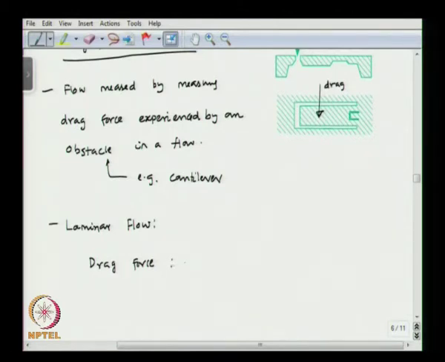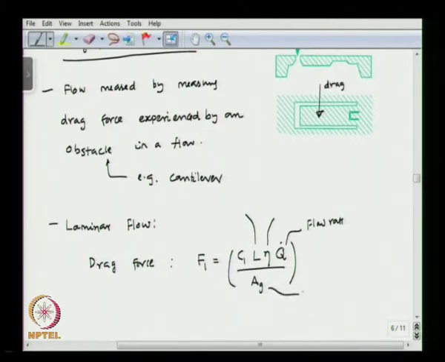So, F1 will be C1 L eta q dot divided by Ag. Here q dot is the flow rate, eta is the dynamic viscosity, L is the length scale, and Ag is the gap around the obstacle.